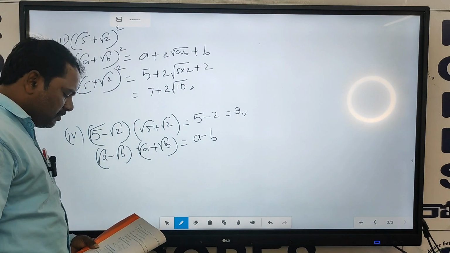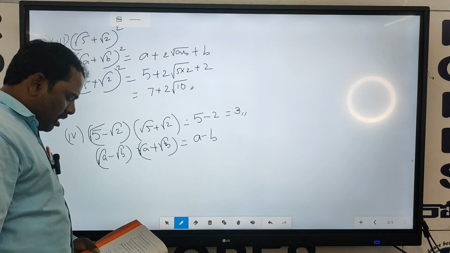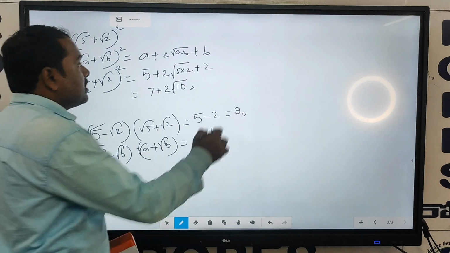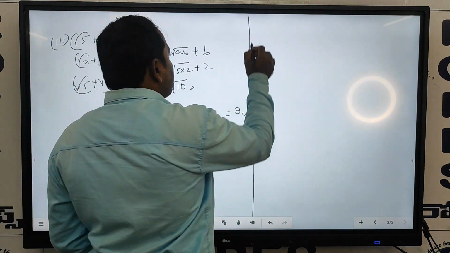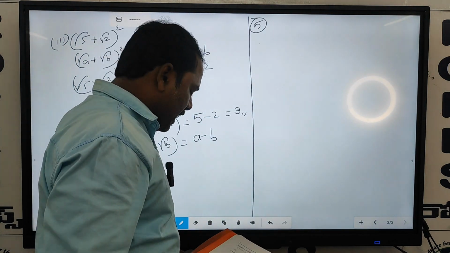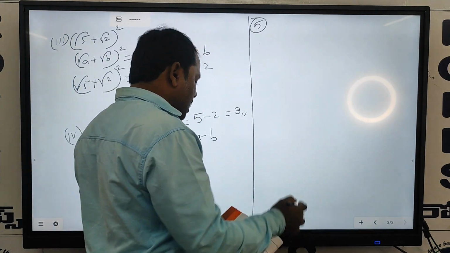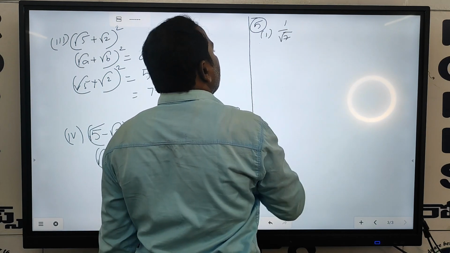Next, see another problems. Next, rationalize the denominators. This is the important fifth question. Rationalize the denominator: first, 1 by √7.